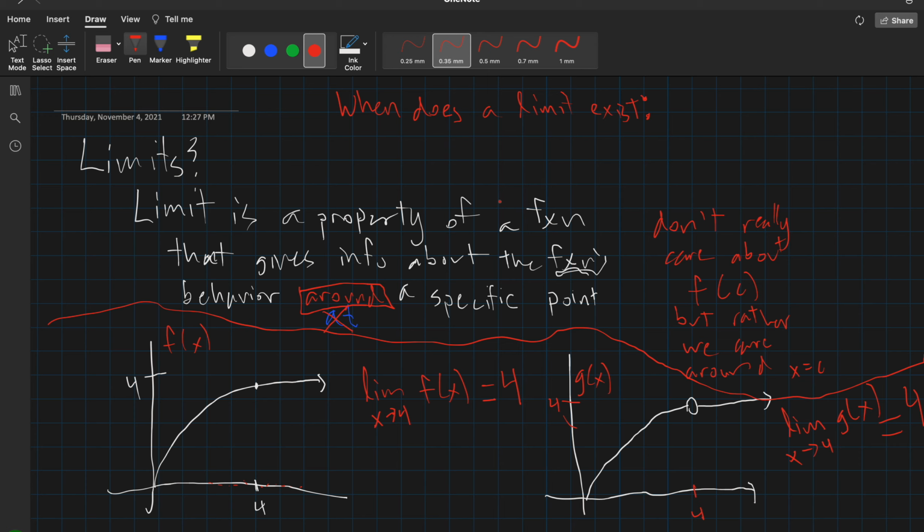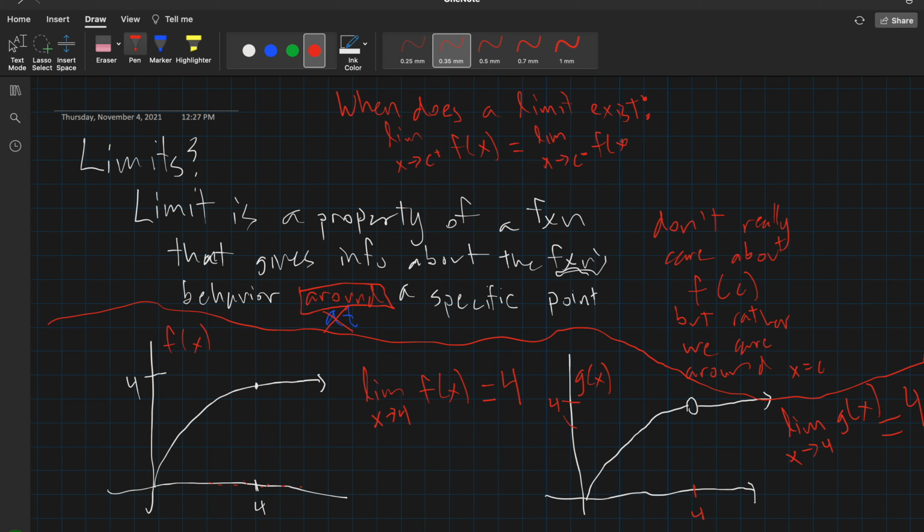So a limit of a function f of x will exist if and only if the limit as x approaches c from the right of f of x is equal to the limit as x approaches c from the left of f of x.